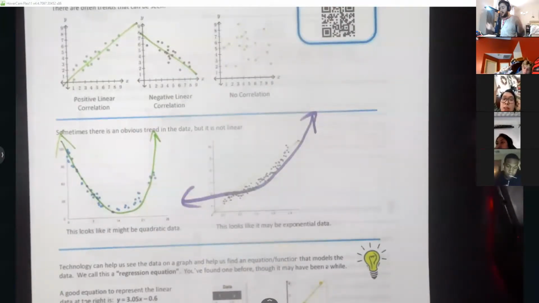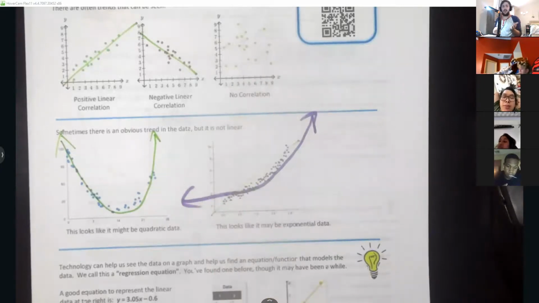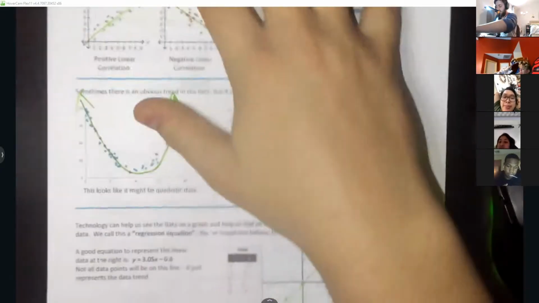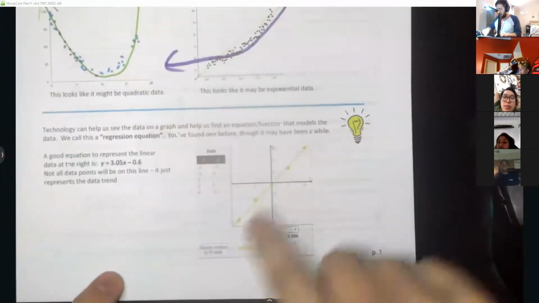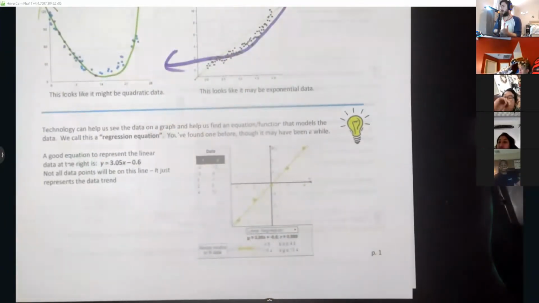Okay, so like I said, we'd use the calculators a lot. If we were in class together, we'd be getting data and then we'd be like, oh, hey, that looks pretty linear. So then we'd do the linreg and get the equation for it, make predictions, all that kind of stuff. This one is from the packet, and it has instructions on the calculator, which we know how to do.